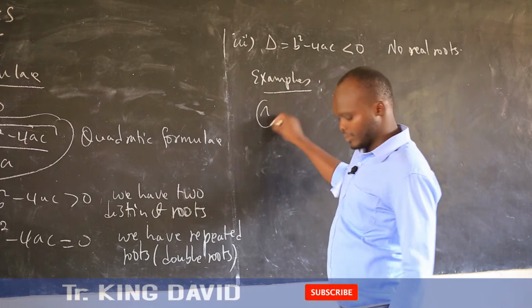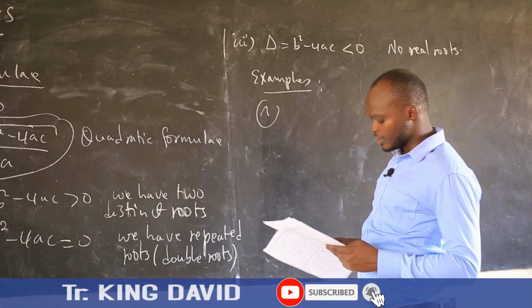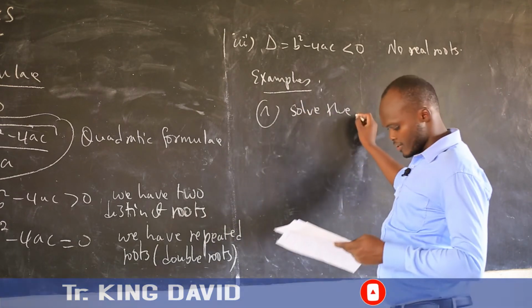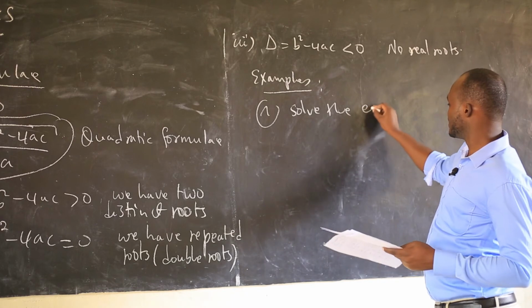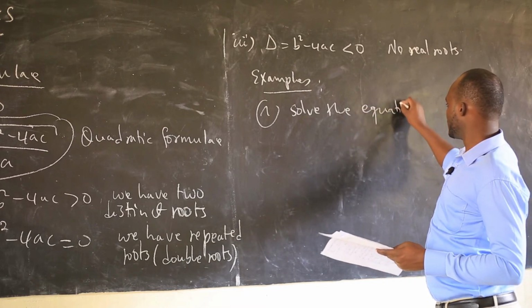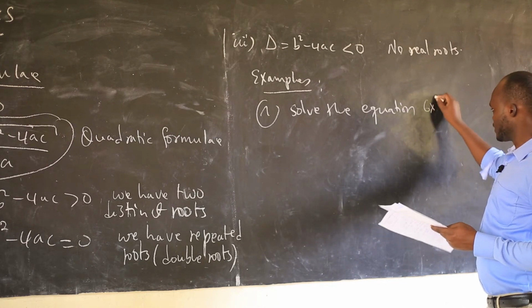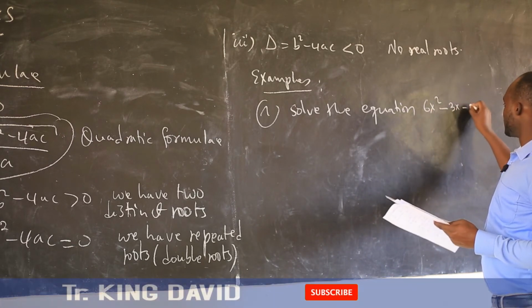Number 1. Solve the equation 6x squared minus 3x minus 2 equal to 0.